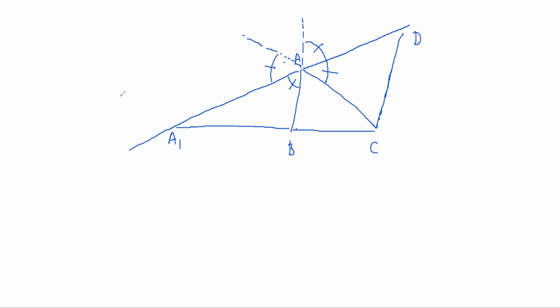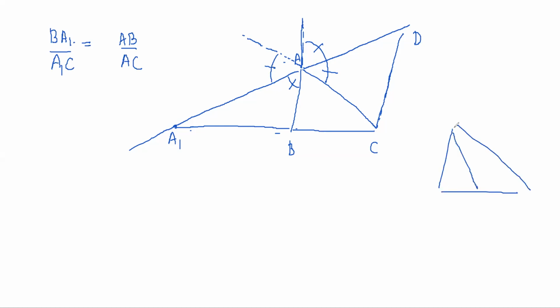So now let the bisector of the exterior angle at vertex A intersect the line BC at A1. So we have to prove that A1B by A1C is equal to AB by AC. So earlier, remember, in the internal angle bisector also something similar was happening.